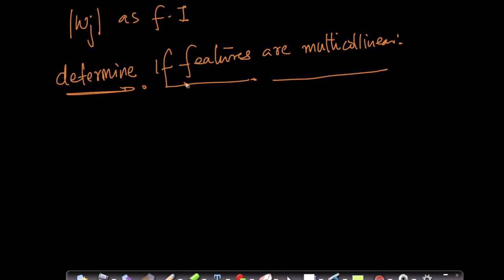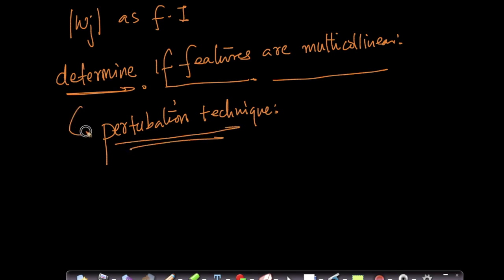But the best one that I like is called the perturbation technique, because it's a very, very hands-on technique, used to determine whether your features are multicollinear or not.